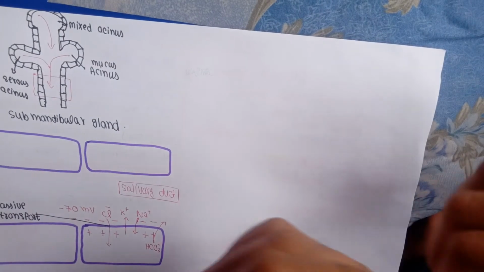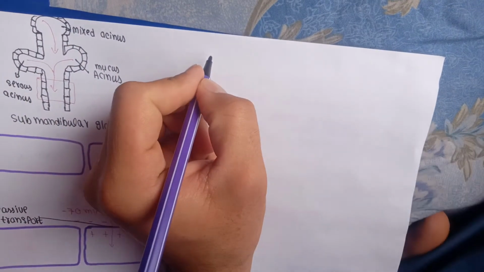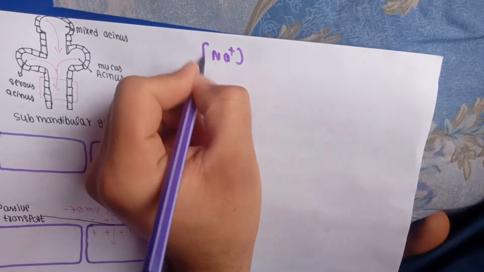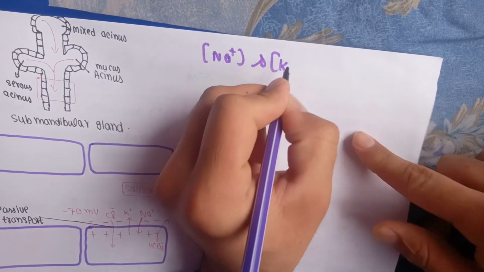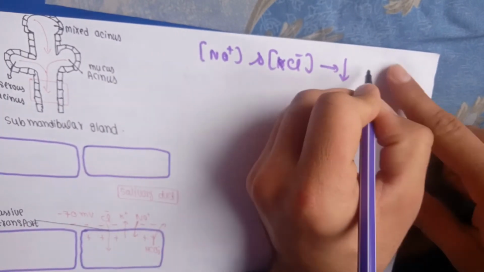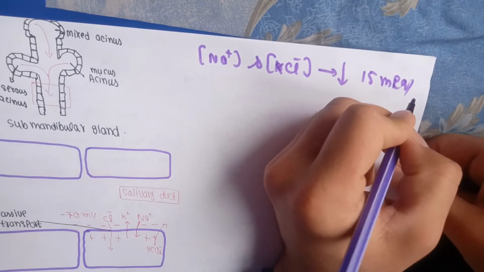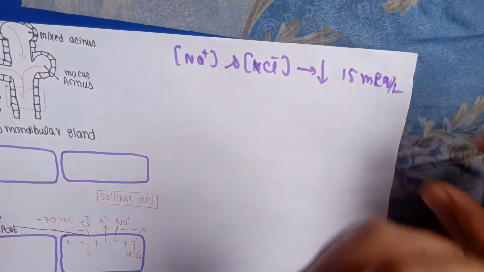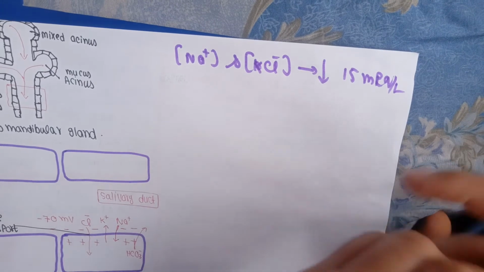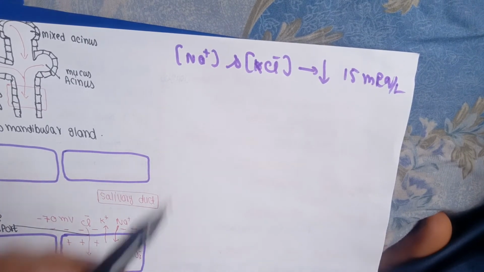So the concentration of sodium and chloride ion is very low, about 15 milliequivalent per liter, while that of potassium and bicarbonate is very high.